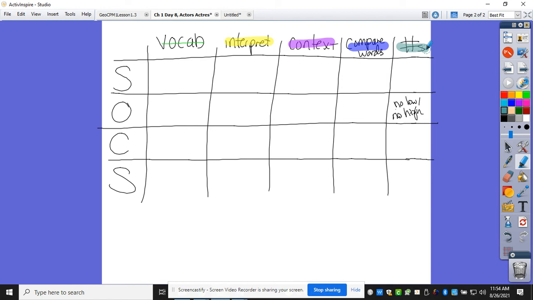And if you come across stuff where something very obvious is missing, write it off to the side, like you didn't do this. Stuff like that is very helpful.